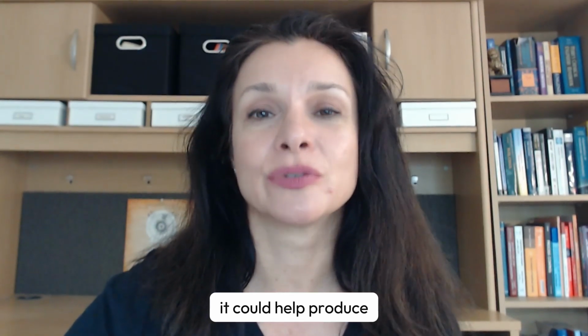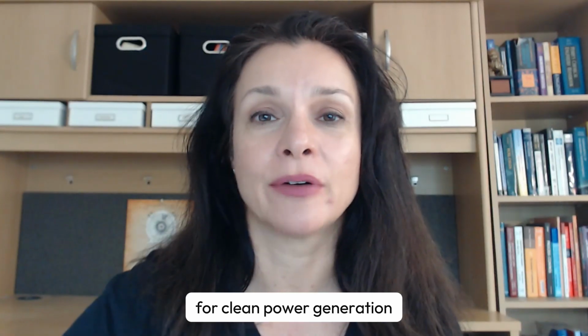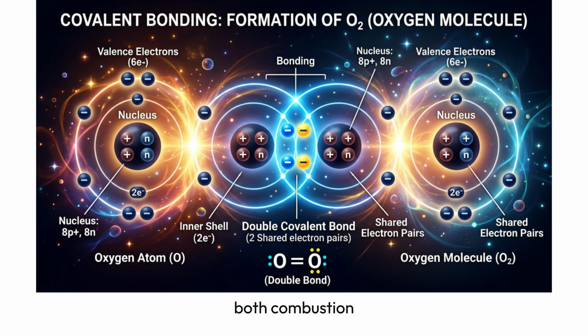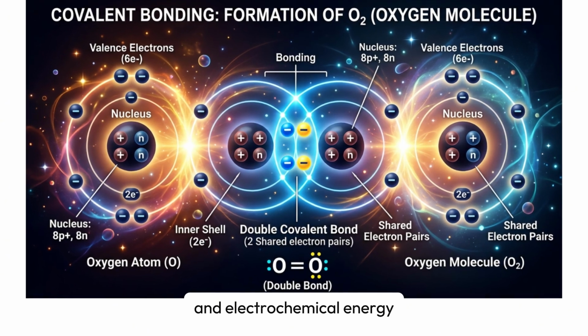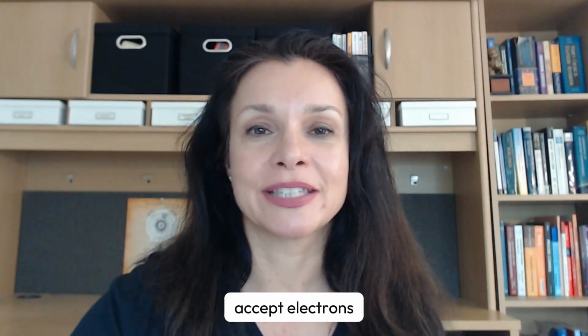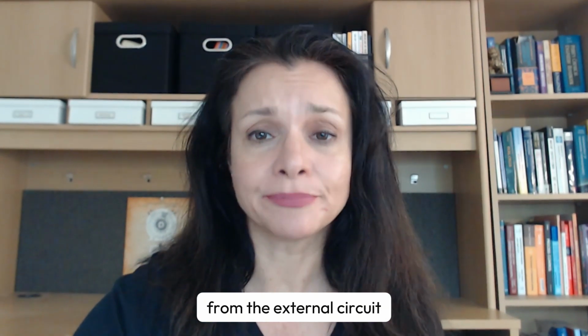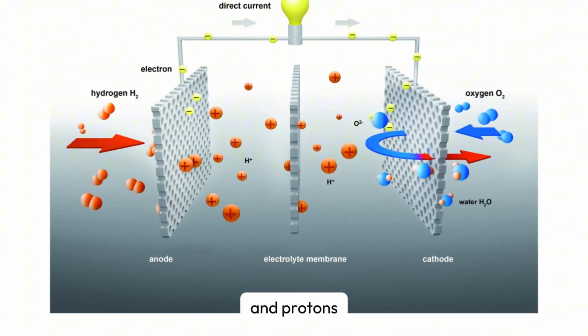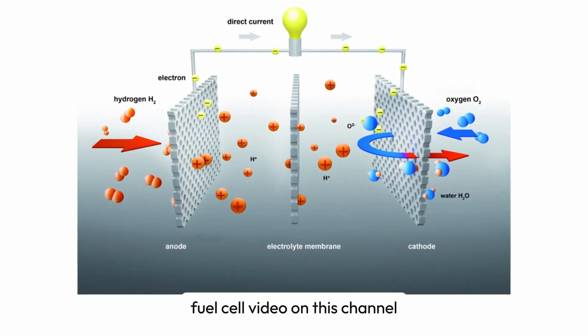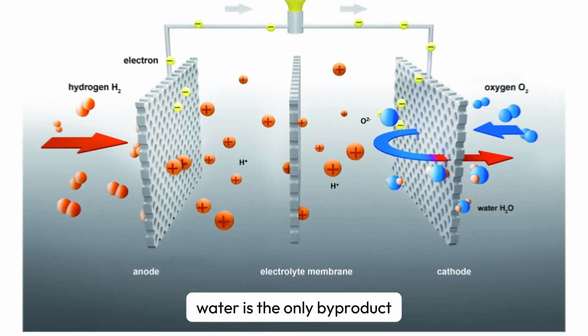It could help produce hydrogen as well for clean power generation. We have oxygen, O2. This is the oxidant that makes both combustion and electrochemical energy conversion possible. In fuel cells at the cathode, the oxygen molecules accept electrons from the external circuit and protons that go through the membrane. If you recall from the fuel cell video on this channel, water is the only byproduct.